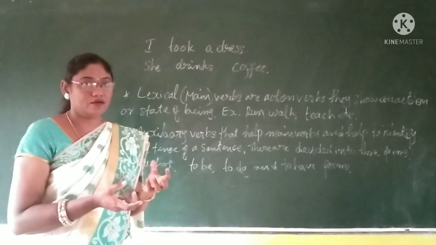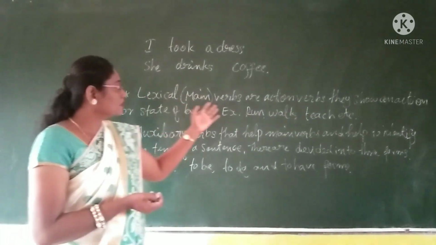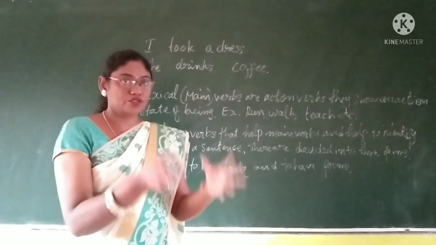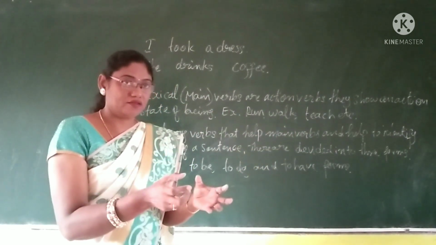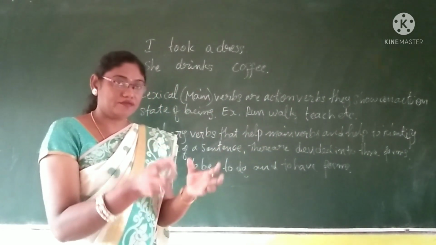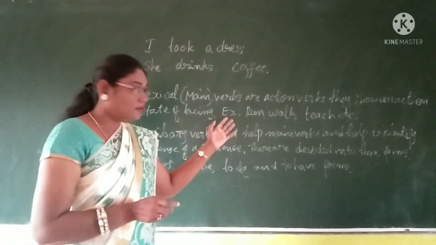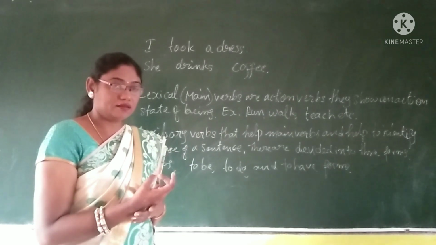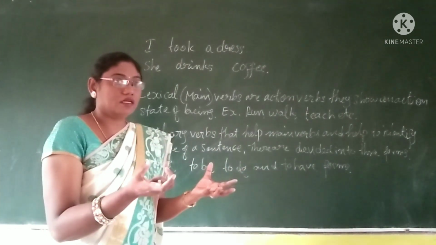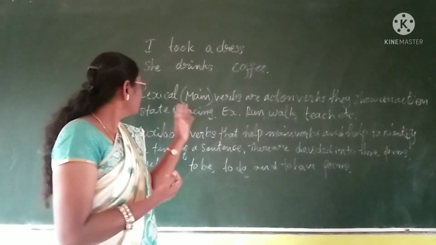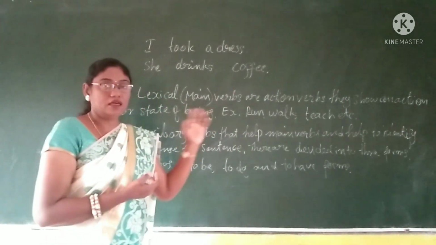Lexical verbs are action verbs which show an action or an event or a state of being. For example, run, walk, eat, touch, see, play. These all come under the main or lexical verbs.